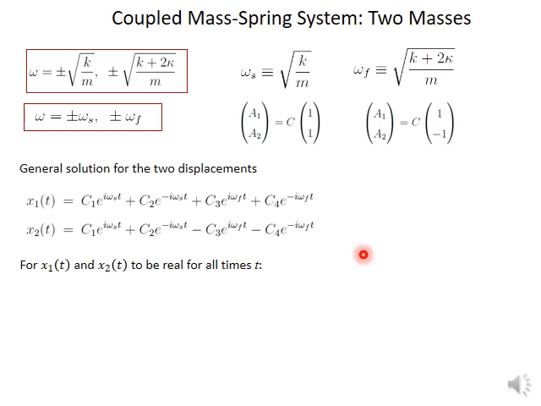Now, to make x1 and x2 meaningful at all times, both should have real values, and you can have real values only if C1 and C2 are defined in such a way that C1 is equal to the conjugate of C2. In general they are complex numbers, so they would have some constant, which may be a real number, multiplied by a phase.